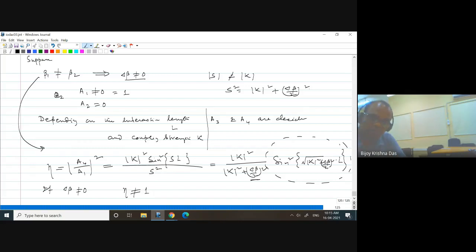Because this value is a positive number, and the sine square can periodically change from 0 to 1. But the main multiplication factor here can be considered as the amplitude. Since delta beta is not equal to 0, this is always less than 1. So eta cannot be equal to 1, whatever length, whatever kappa you consider.